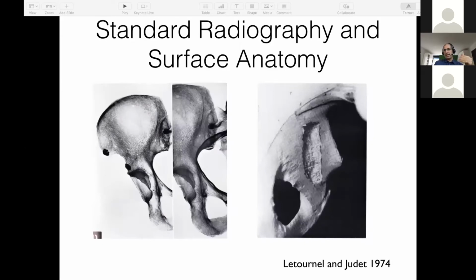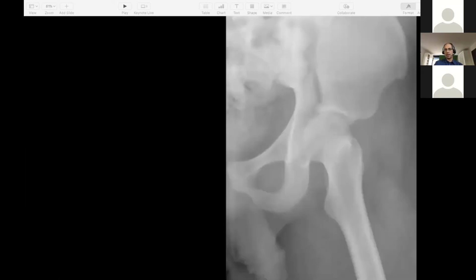They would either lay a band, like a piece of lead tape, on a surface and X-ray that and see what that surface actually was associated with on a radiograph, or they would just erase areas. You can see how they kind of eroded or carved out the quadrilateral surface here, and they would take an X-ray and see what that did to change the appearance radiographically. So a lot of this stuff that we teach you now is based on these techniques back in the late 60s and 70s.